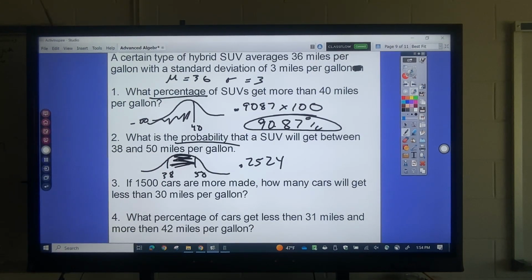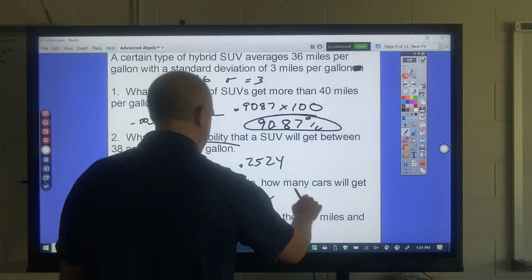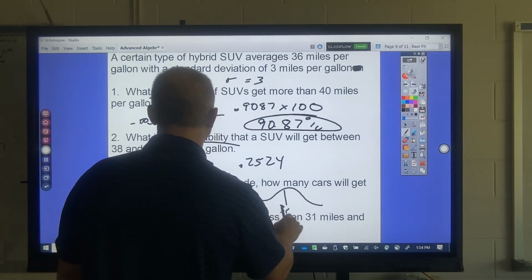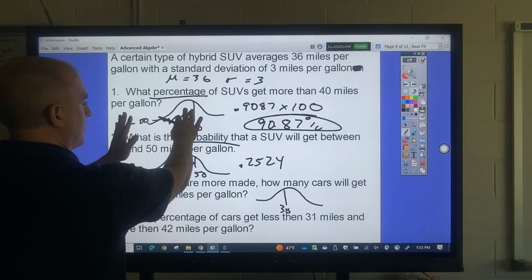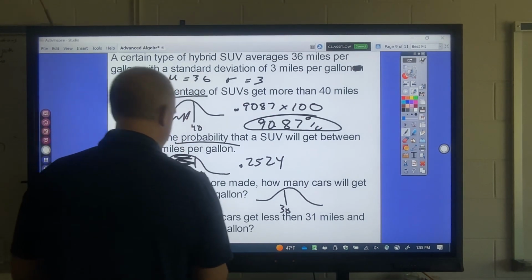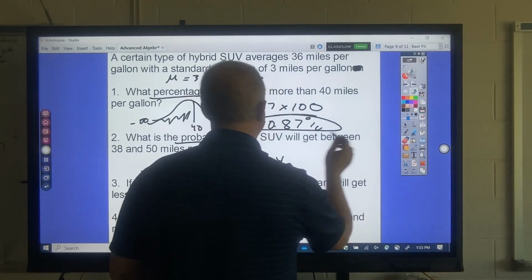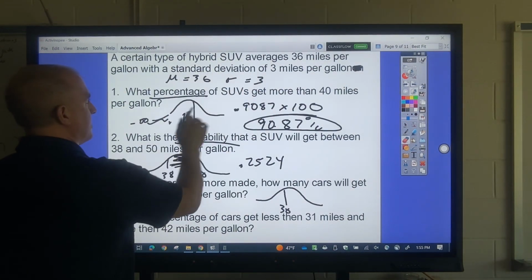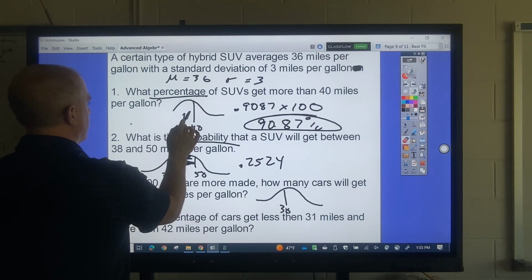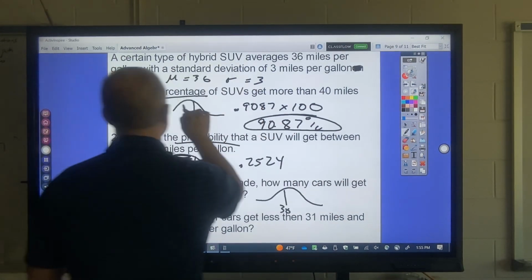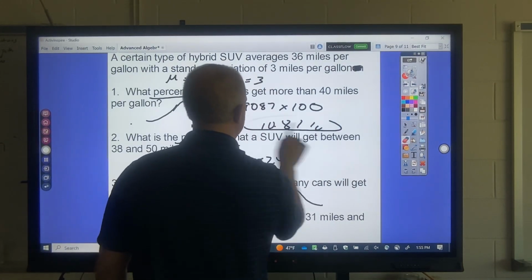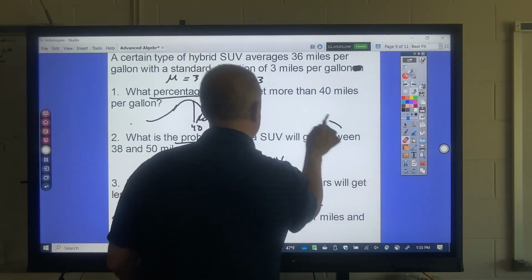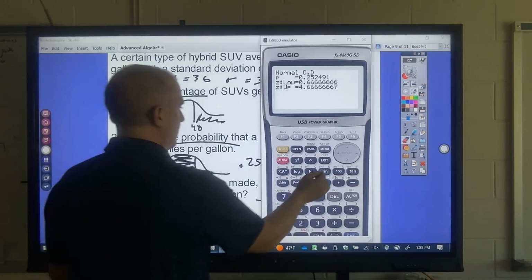If 1,500 cars are made, how many will get less than 30 miles per gallon? So 30. Oh, whoops, this one's not right. Hold on, sorry, let me back up real quick. That's not correct. I did more, I should have done the other way. Let's erase this. Sorry, I got ahead of myself on that one.